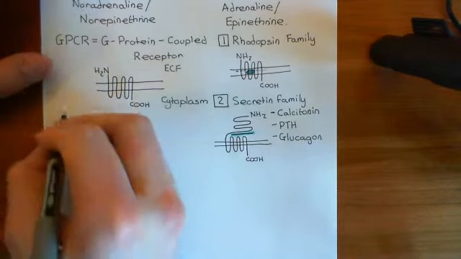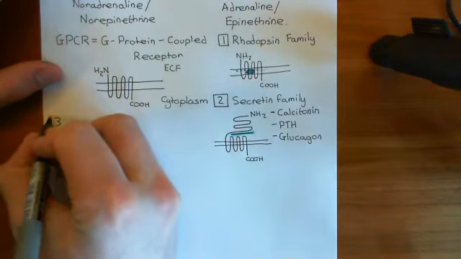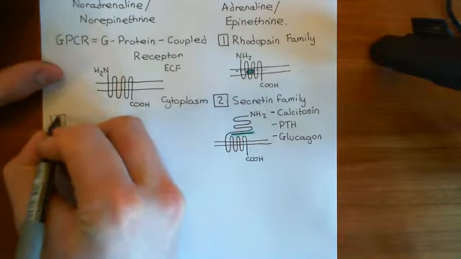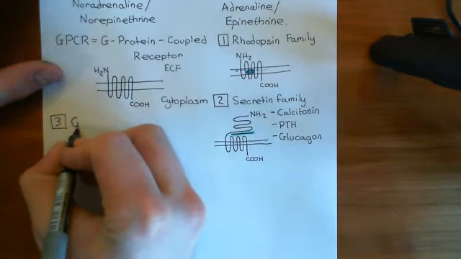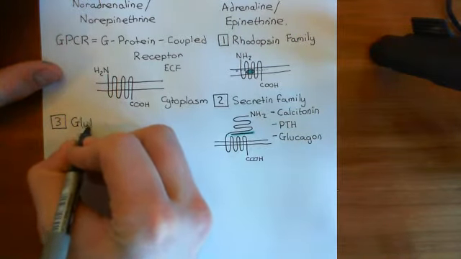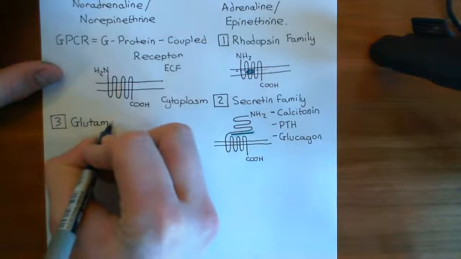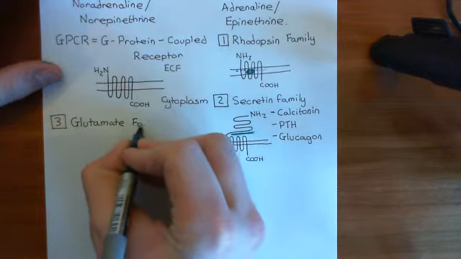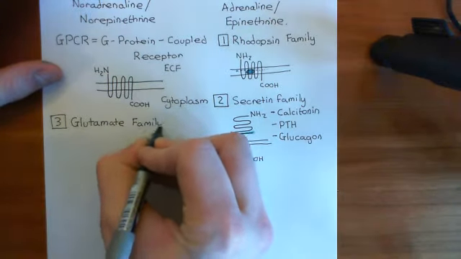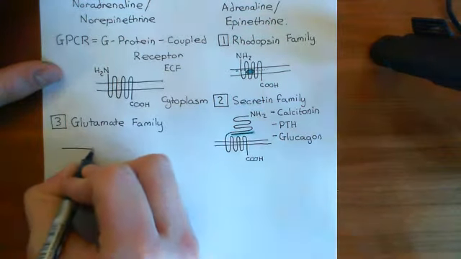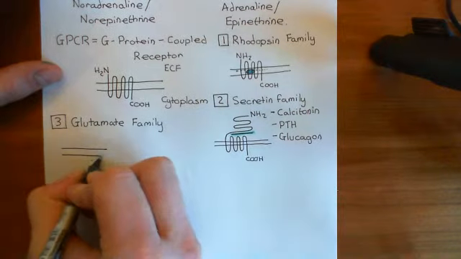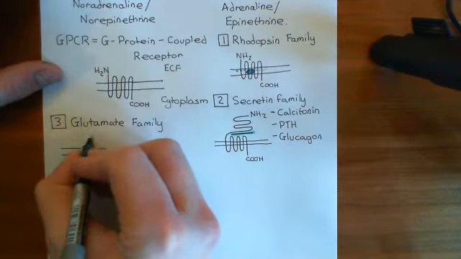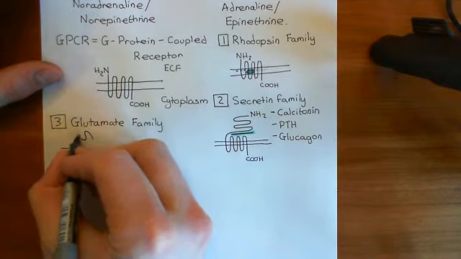Okay, right. Next family of G protein coupled receptors, family 3. The next family is what's known as the glutamate family, and you might be able to guess which receptors this is going to contain. Basically, the characteristic feature that all glutamate family G protein coupled receptors share is again a fancy amino terminal domain structure.